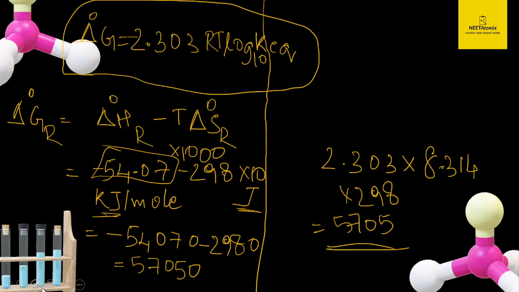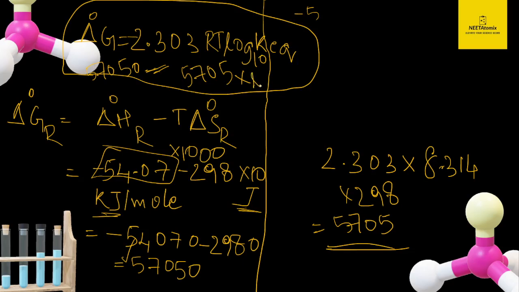And now you substitute this value in the equation. We got delta G naught as 57050 is equal to, they gave you this value, 5705 into log K_eq.